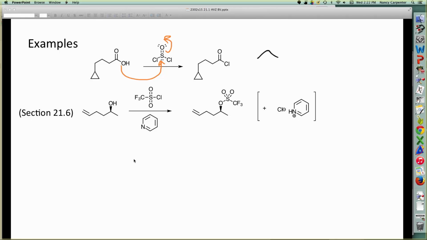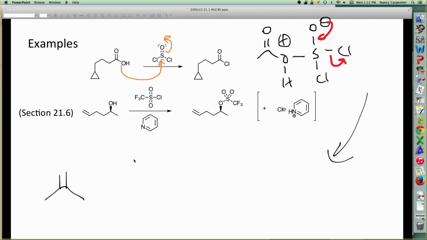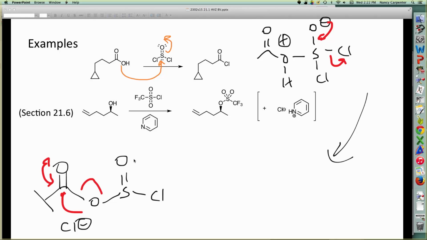I'll get my tetrahedral intermediate, and then that'll come back out, kick out my chloride, and ultimately I end up with this guy, and the Cl minus that was kicked out can go up, down, out. Woohoo!